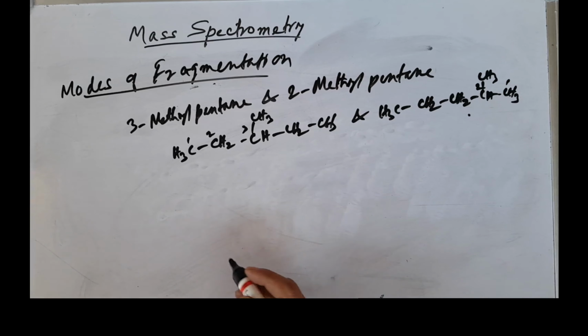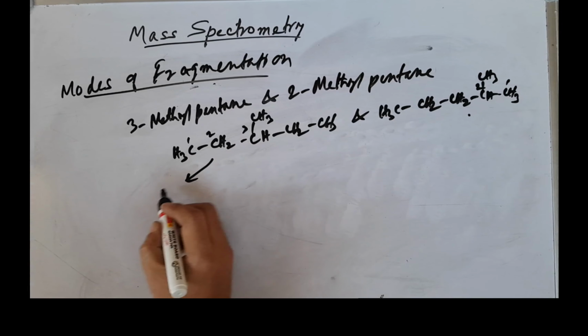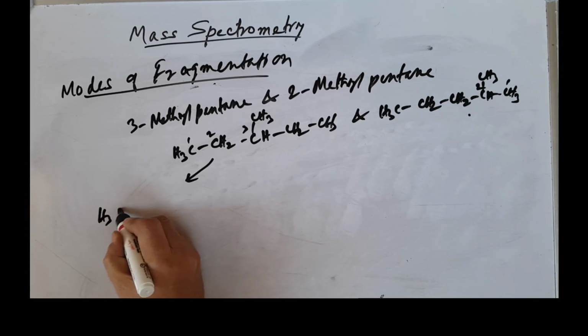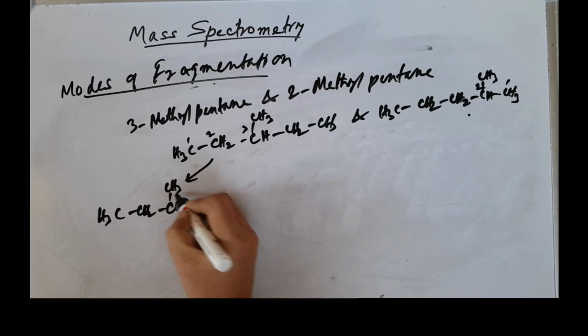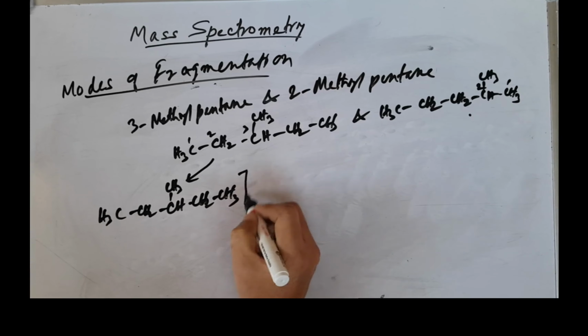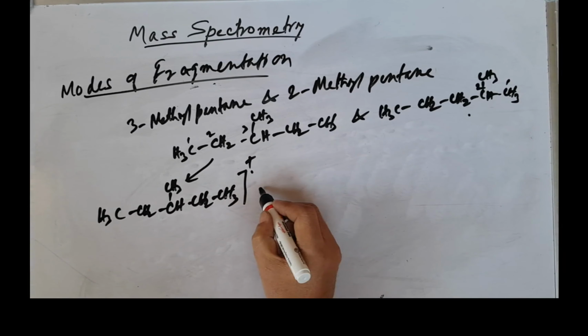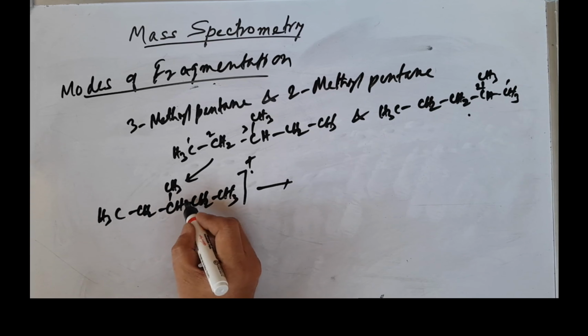So here, when you bombard with electrons, first we get the molecular ion, CH3, CH2, CH. Then it undergoes fragmentation. Here these are the same.